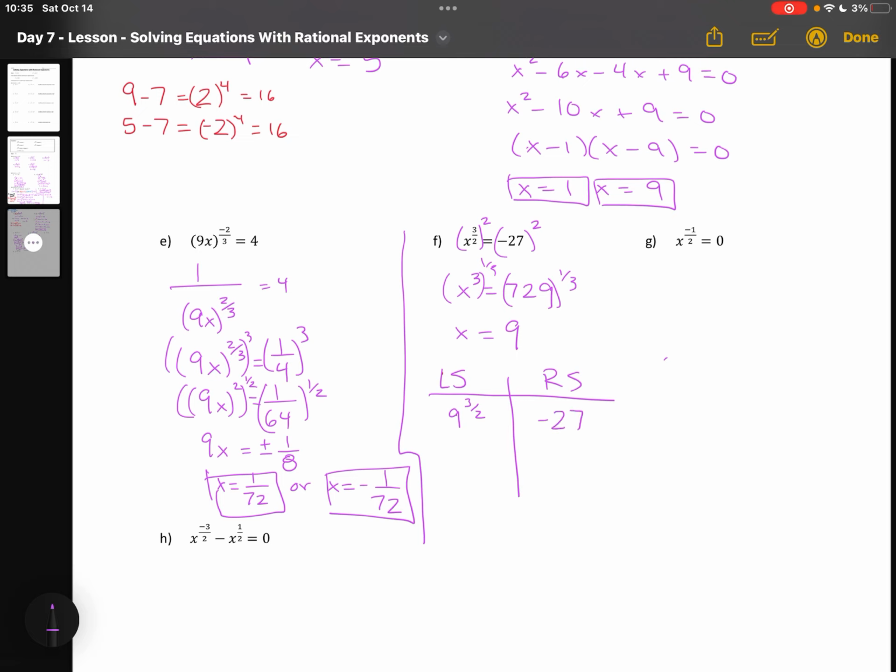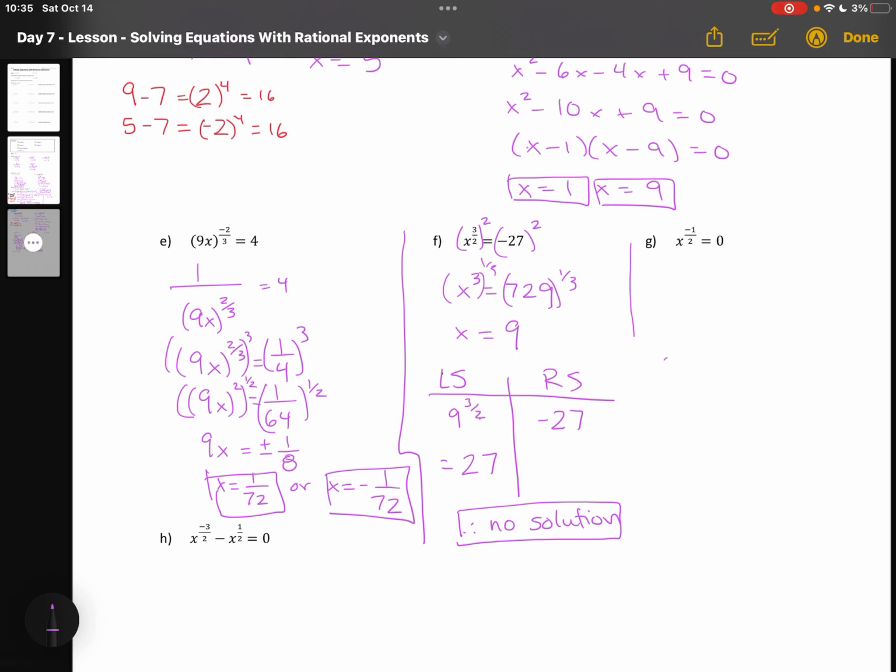So 9, I'm going to take the square root of 9, which is 3, and then cube it, which is 27. So I get positive 27 and negative 27 on the right-hand side. So therefore, there is no solution. It's caused by squaring both sides at the beginning, which eliminates whatever negative sign was there.